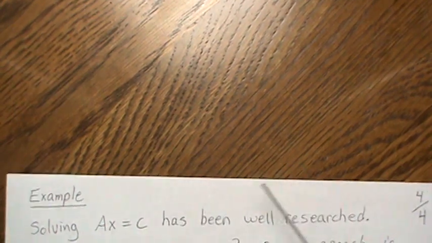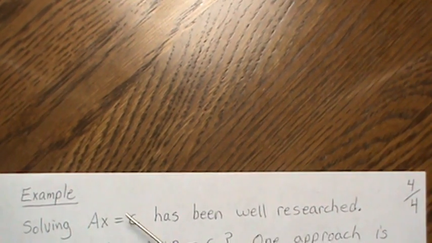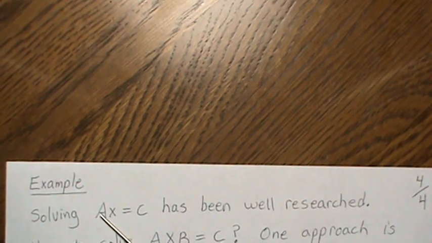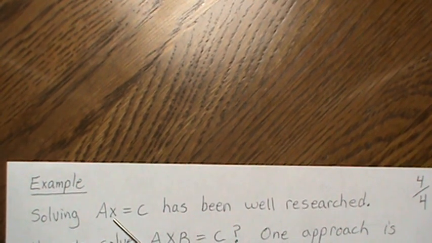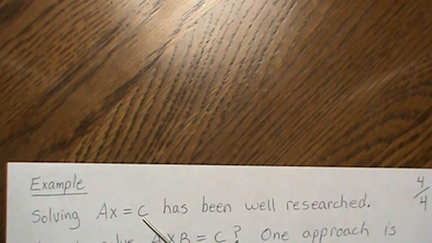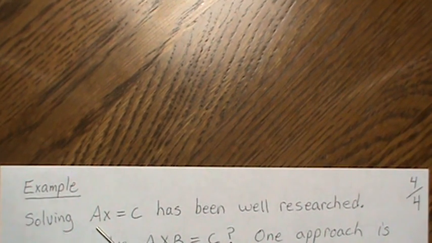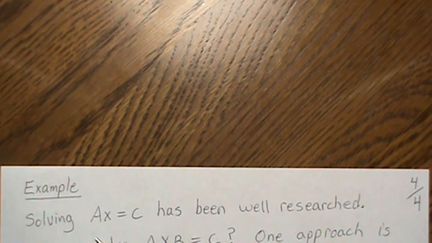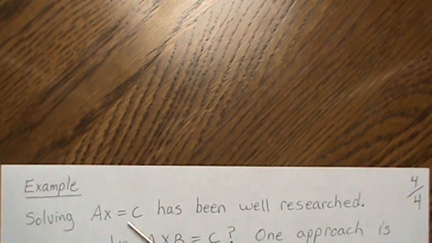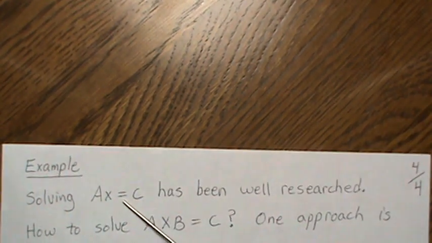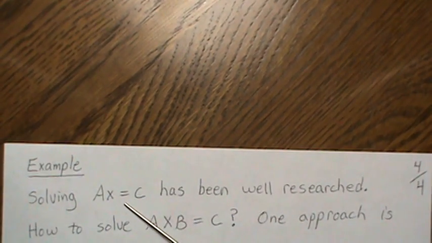Okay, so this is a cool property in itself, but how it's used to me is just genius. So here's a quick example of one use for this. Consider solving Ax = c. A is a matrix, x is a vector, and c is a vector in this case. This has been well researched. Depending on whether A is singular or non-singular, there are different ways to solve for x. I'll be vague on that, but that's true.